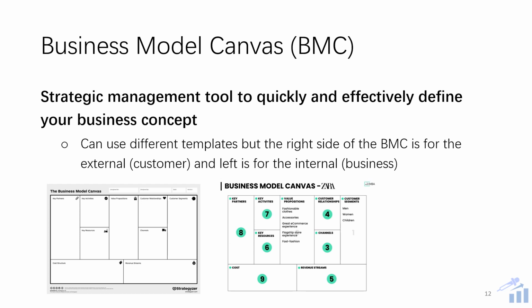Then you are into the key activities. You want to highlight the key activities your business needs to perform exceptionally well in order to be successful. This might include production, marketing, distribution, or other critical functions.